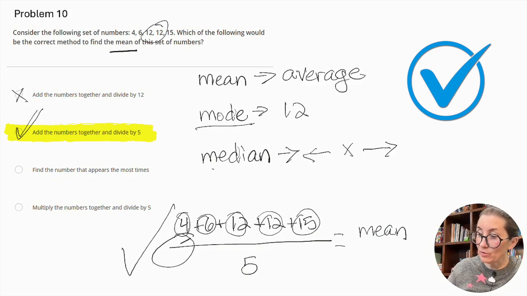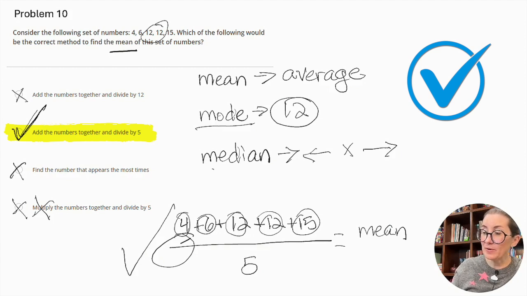That is the mode, and that would have been 12 if that was the answer. Multiply the numbers together and divide by 5. It's adding the numbers together, not multiplying them. So average, mean, add the numbers together and divide by, in this case, 5.